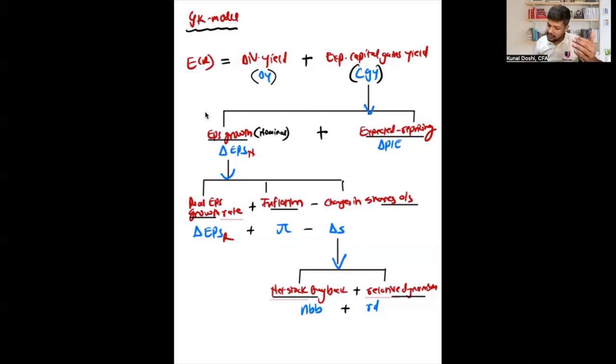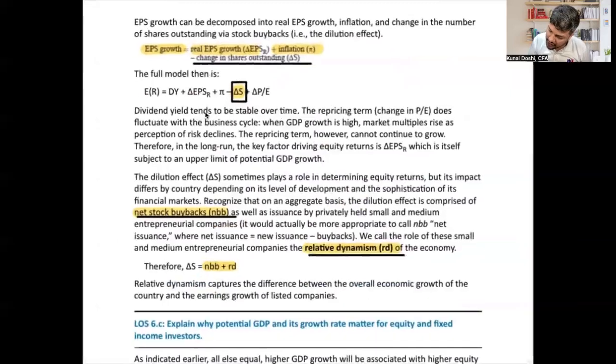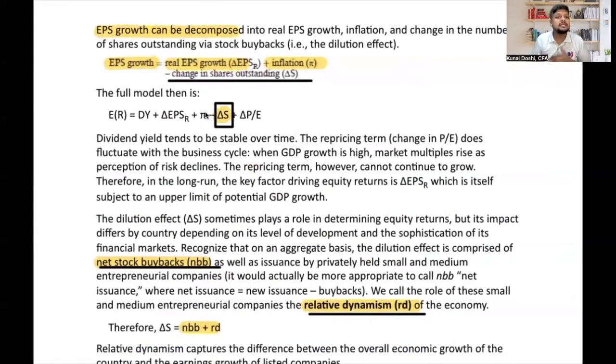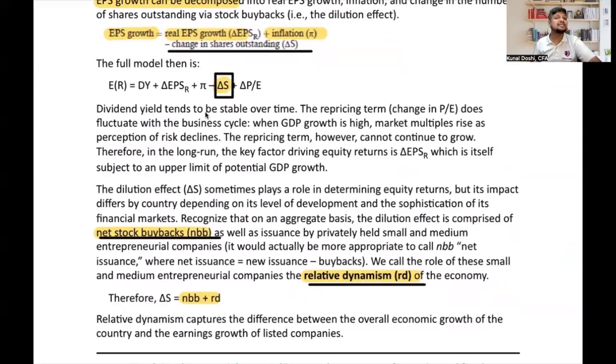First of all, company's EPS will grow, but that's nominal, which is equal to real plus inflation, correct? That is easy. But what is change in shares outstanding? Do you remember, when the company buys back the shares, the number of shares will increase or decrease?